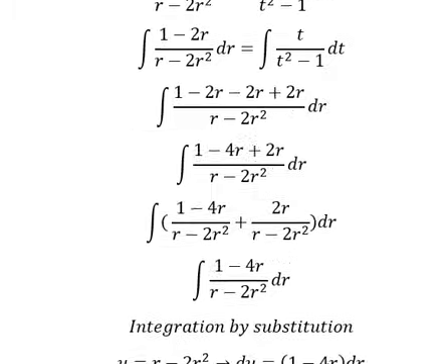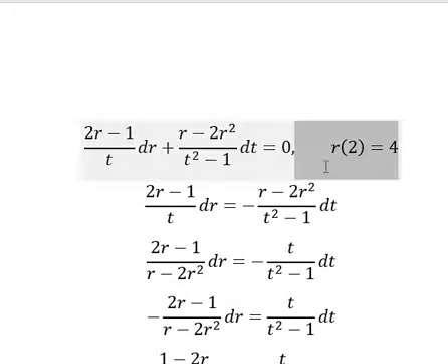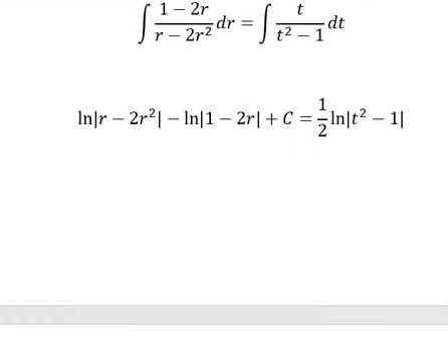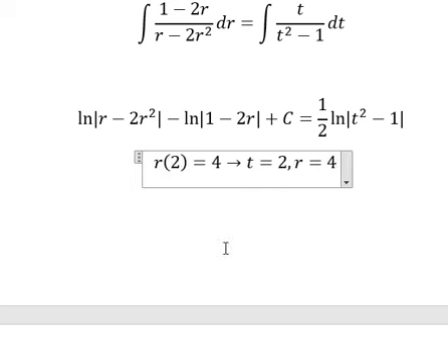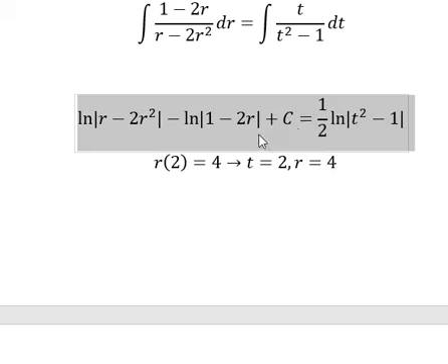Now we have the conditions. That means when t equals number 2, r equals number 4. So we put the value in here to find the constant.